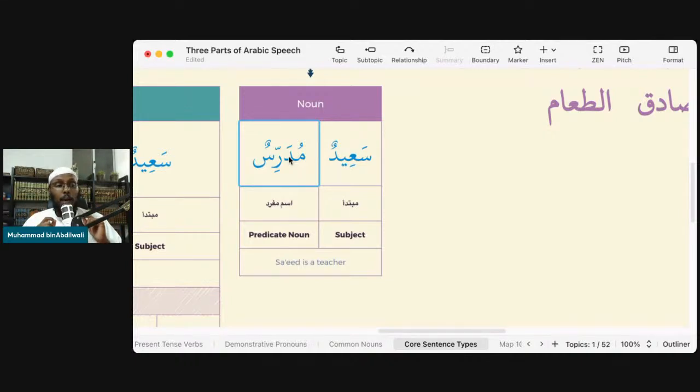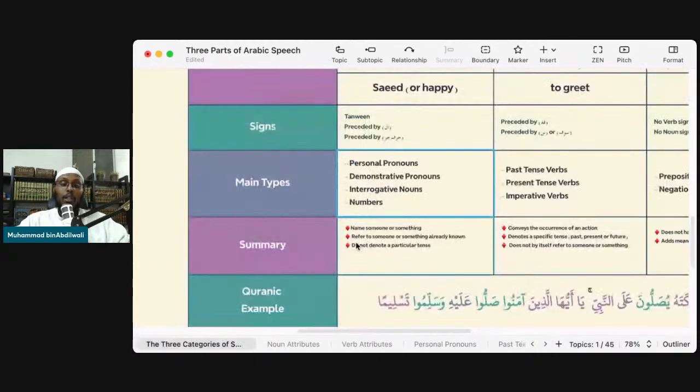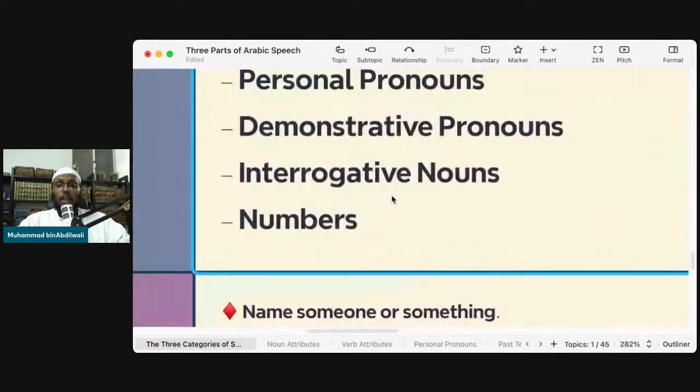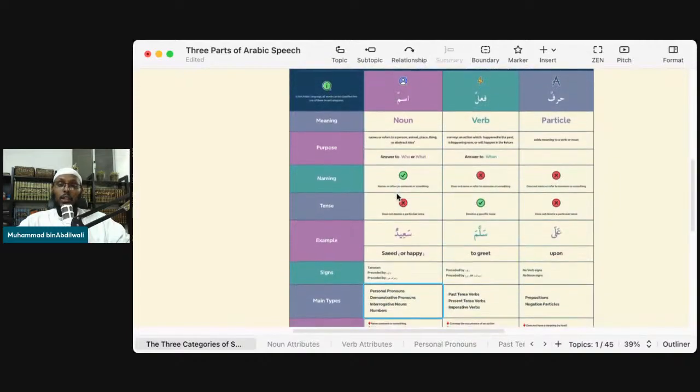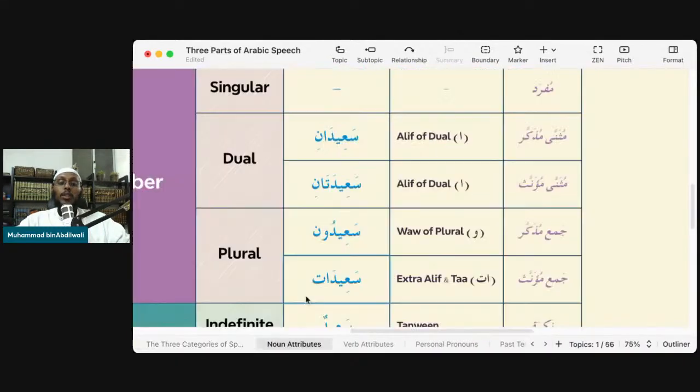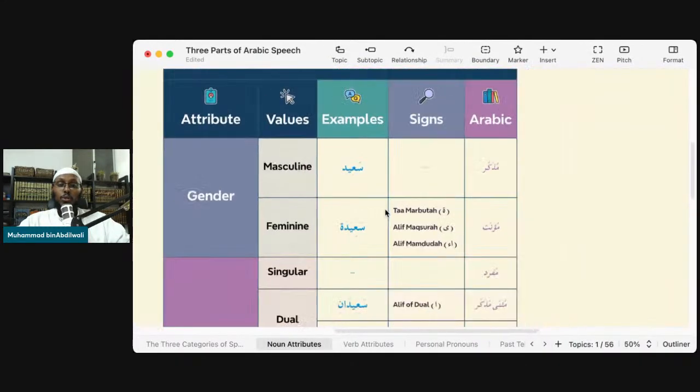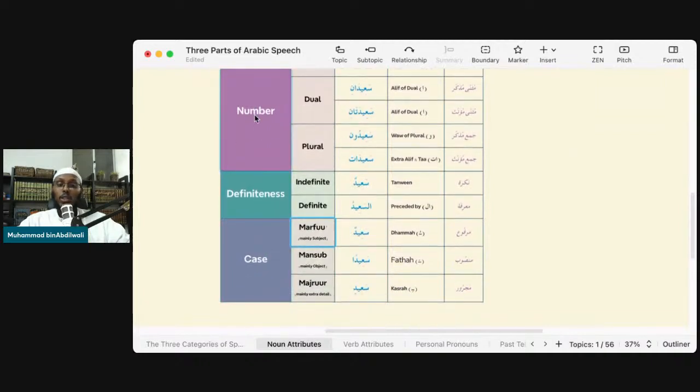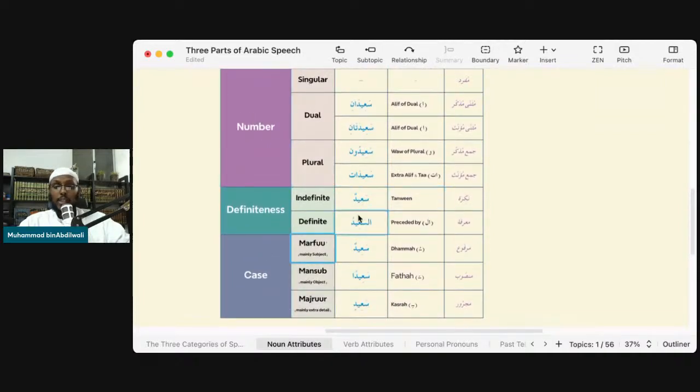So for that reason, barakallahu fikum, remember that the khabar has to be indefinite. Again, this shows you why I spent so much time talking about the three categories of speech, to differentiate between them, and why I spent so much time talking about noun attributes, this is definite and this is indefinite, and how to recognize them.